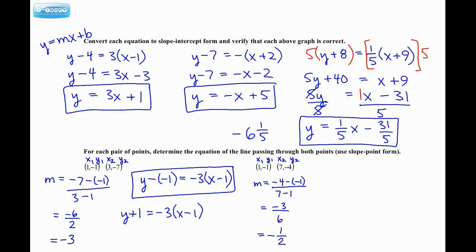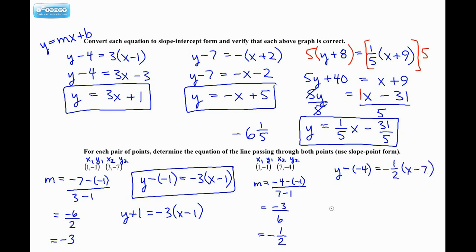So now to finish it, to get my equation, all I need is to use one of these points. It's totally up to you. The first example, I used this point. So for this, I'm going to use this one. Again, doesn't matter. So I get y minus my y value equals my slope times x minus the x value.